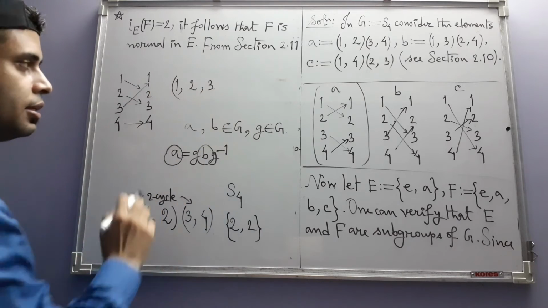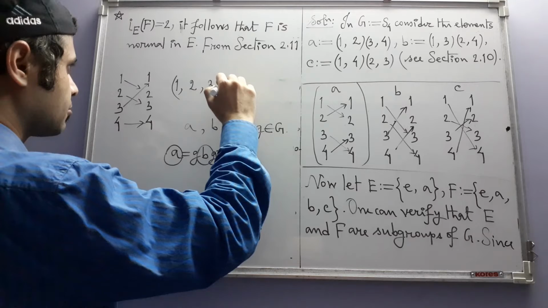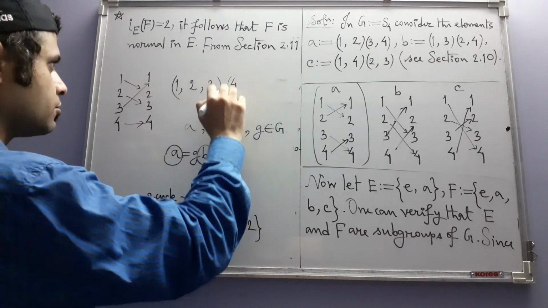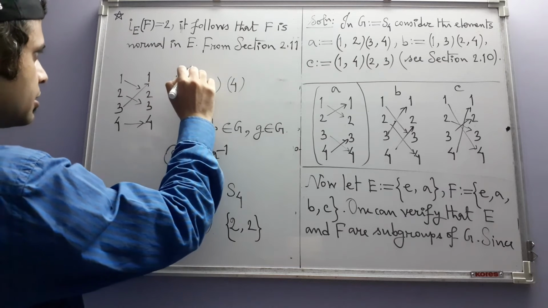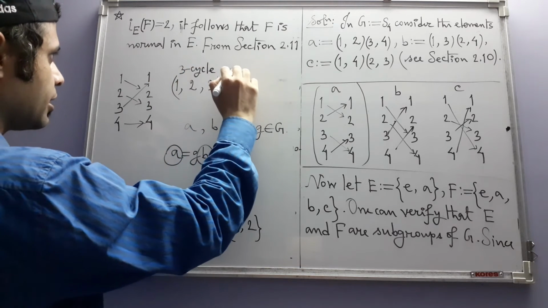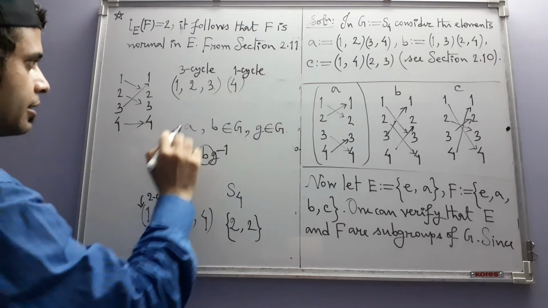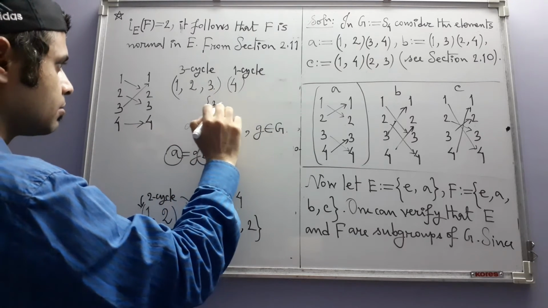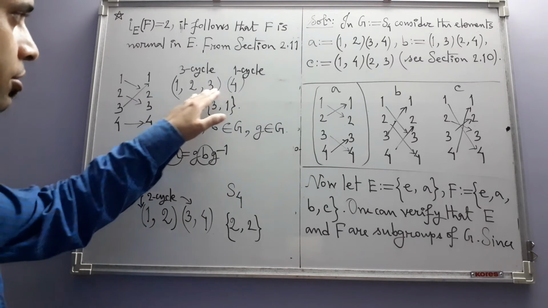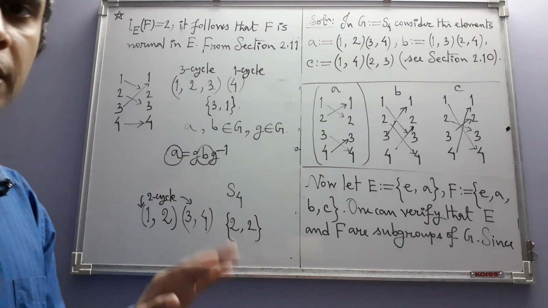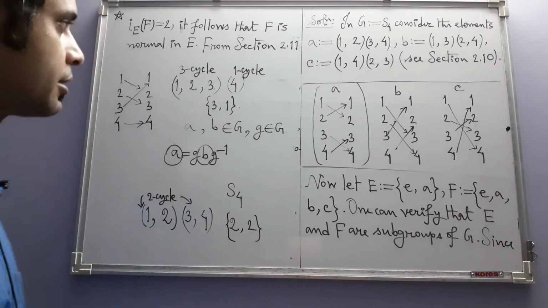Since the image of 3 is again 1, we end it here. And 4 of course goes to 4, so we write it like this. So this is a 3 cycle, the first one, and this is a 1 cycle. So here the cycle structure is 3, 1. It's not necessary that you should always have only 2 cycles. You may have more than 2 cycles and their products are taken.